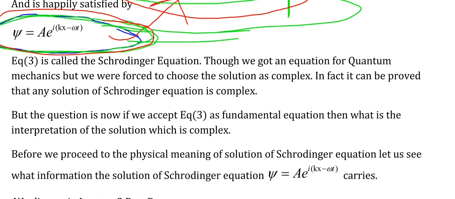This wave function is complex. It cannot be drawn on pen and paper. You cannot draw a wave for an electron. Please mark my words. You cannot draw a wave for the moving electron, because this wave is complex and it cannot be drawn on pen and paper.